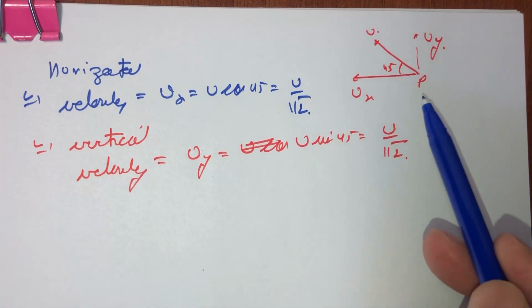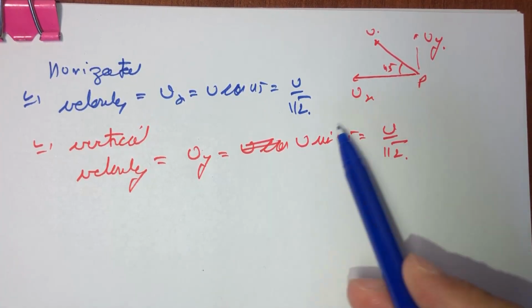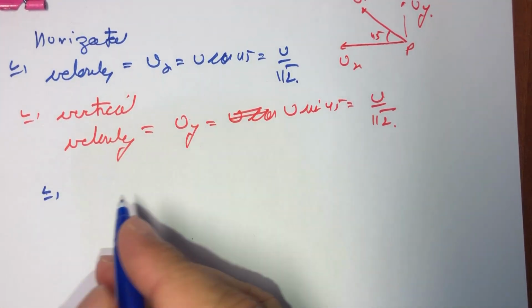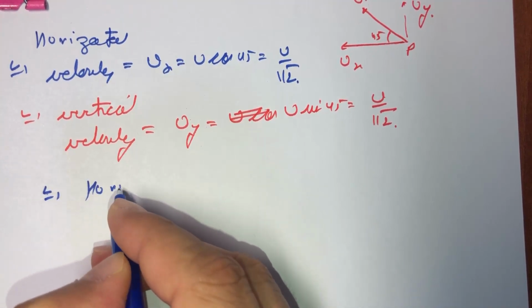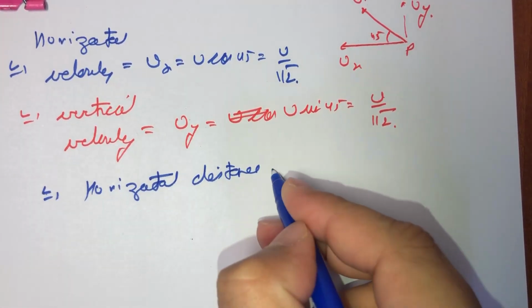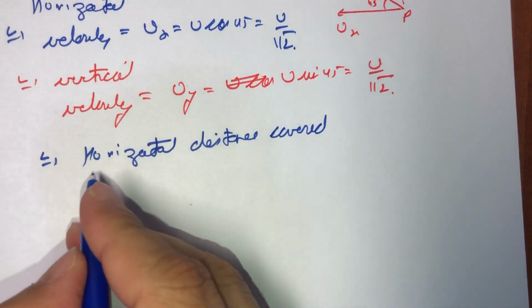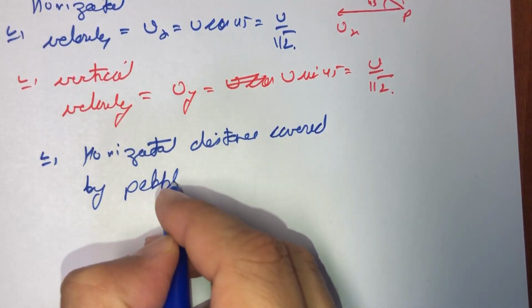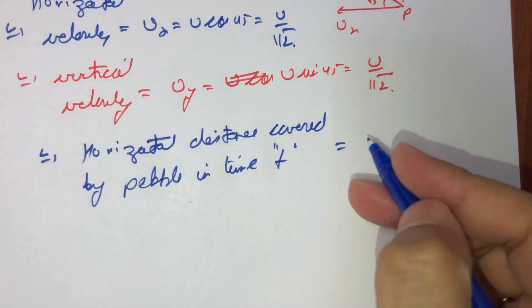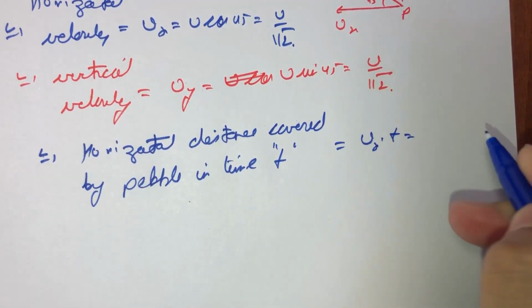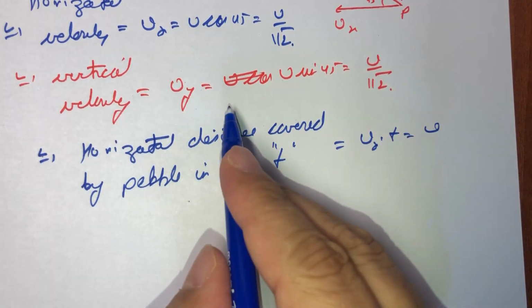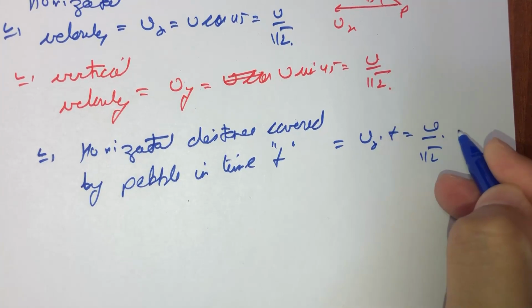And if t is the time taken by the pebble to cover the 5-meter distance, the horizontal distance covered by the pebble in time t will be equal to the horizontal velocity multiplied by time t, and v x is v upon square root of 2 multiplied by time t.